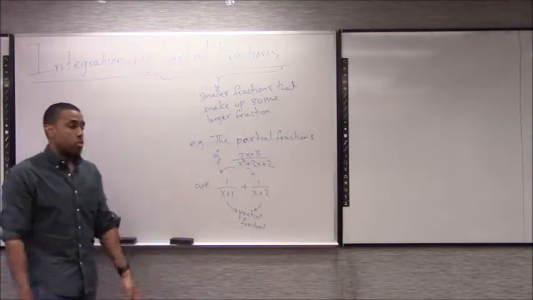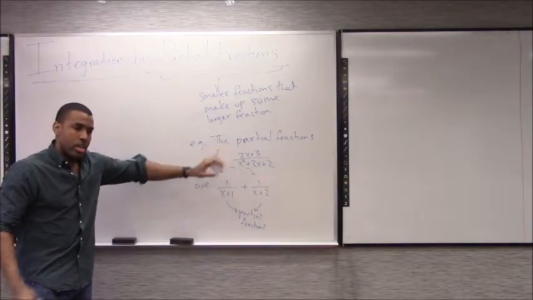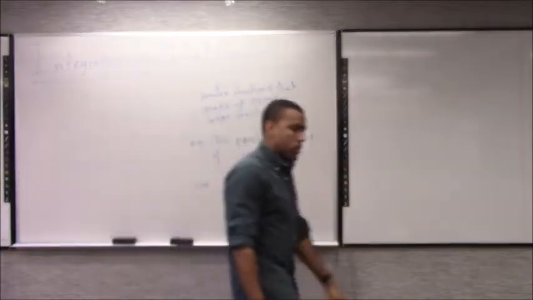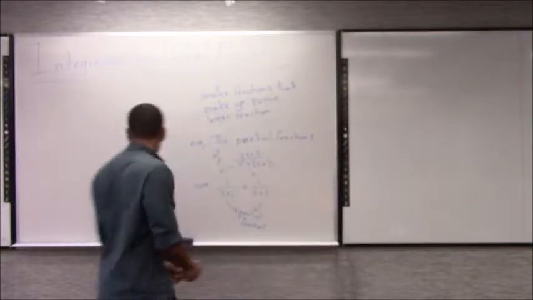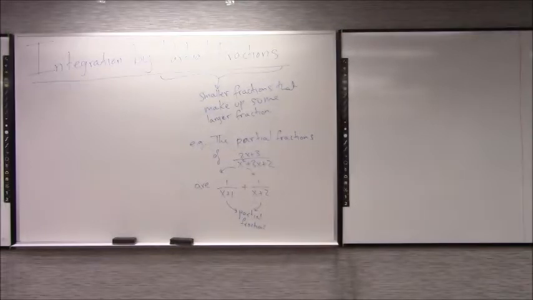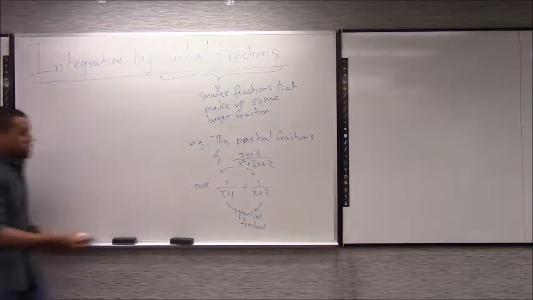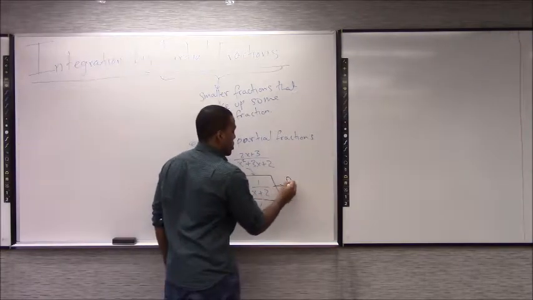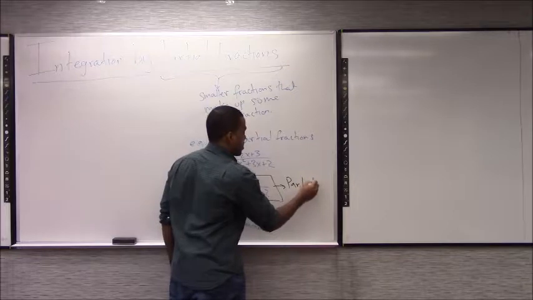And so there are times when you have a bigger fraction and it actually breaks down into this kind of decomposition. We call it the partial fractions decomposition. And so this thing here is called partial fractions decomposition.